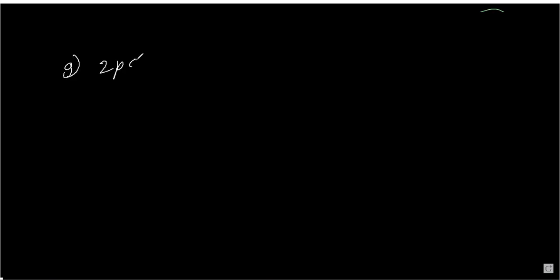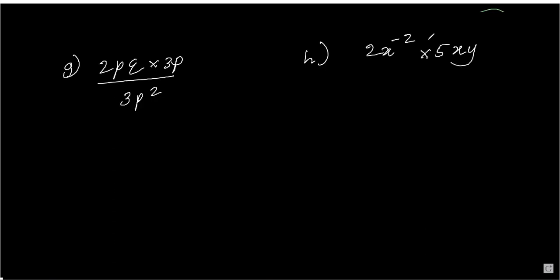G: 2pq into 3p divided by 3p squared, and H: 2x to the power minus 2 into 5xy. Then you can solve this one. Now look here: 3, here 3.